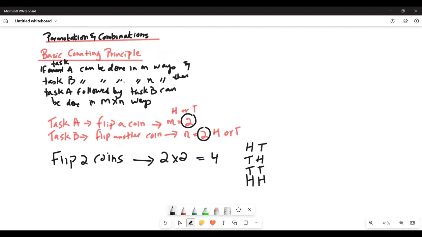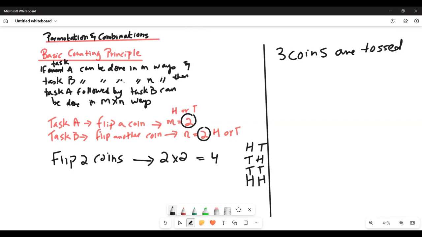Okay. How many outcomes would there be if task C also comes in, which is to flip a third coin? So if we toss 3 coins, using the basic counting principle, task A has 2 outcomes, task B has 2 outcomes, and task C has 2 outcomes as well. So that's a total of 8 outcomes.